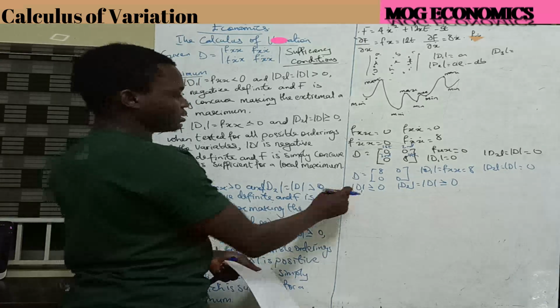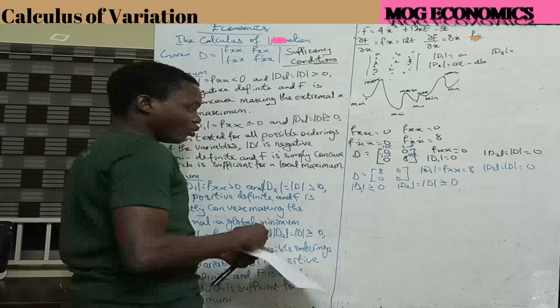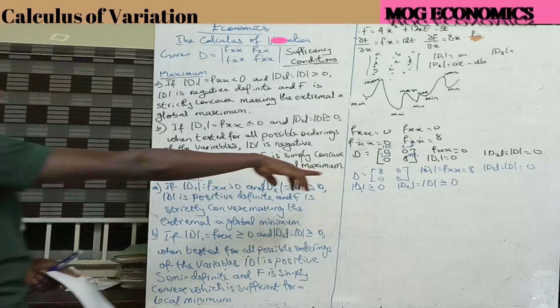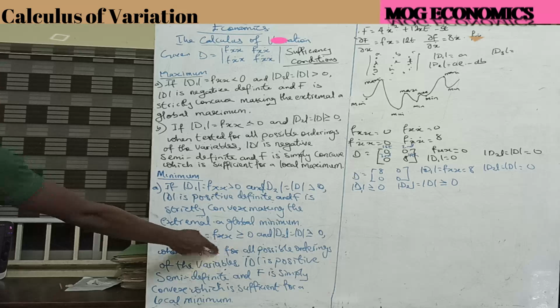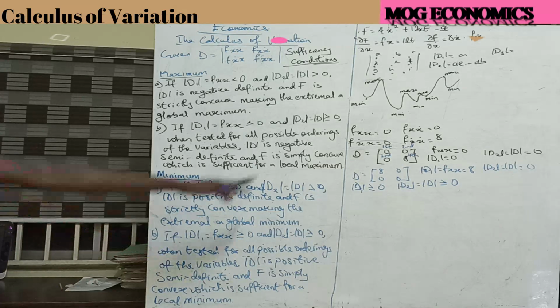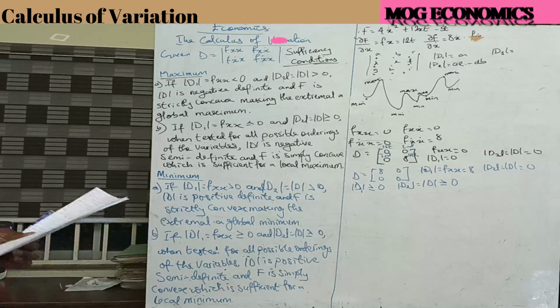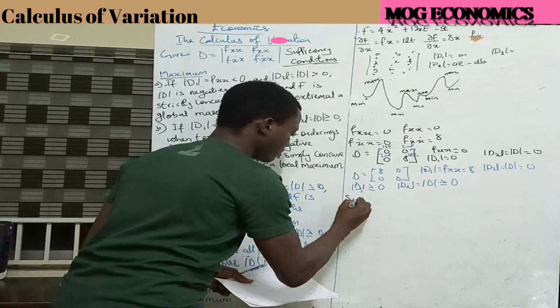What really determines it is your d1, right? So where do we find that? Where d1 is greater, so here, yeah. So which means that our function... how do we write that? Okay, let me write the conclusion.